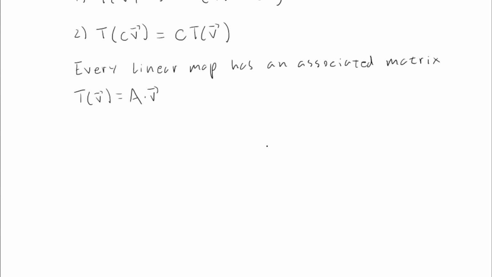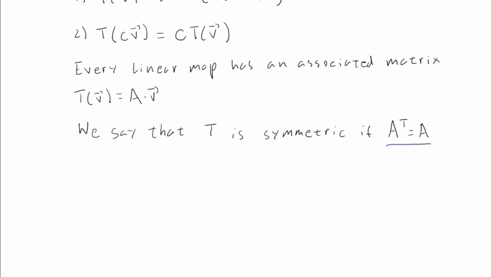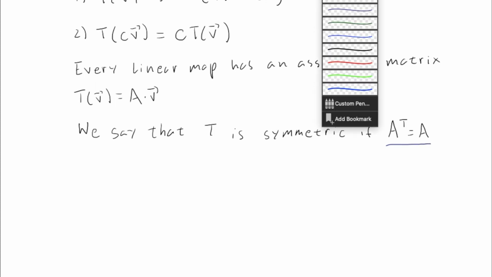And we say that this map T is symmetric if the matrix associated to T is symmetric. And that means that A transpose is equal to A. So that's what it means for a map to be symmetric. And this is an okay definition of what it means for a map to be symmetric.